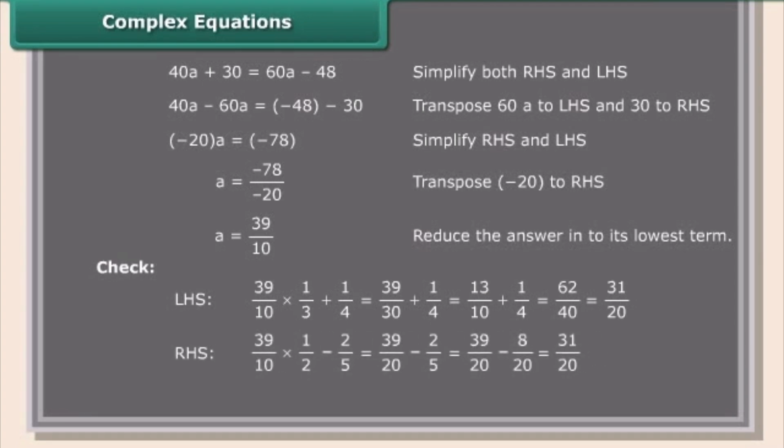RHS is equal to 39 upon 10 into 1 upon 2 minus 2 upon 5 is equal to 39 upon 20 minus 2 upon 5 is equal to 39 upon 20 minus 8 upon 20 is equal to 31 upon 20, which shows RHS is equal to LHS.